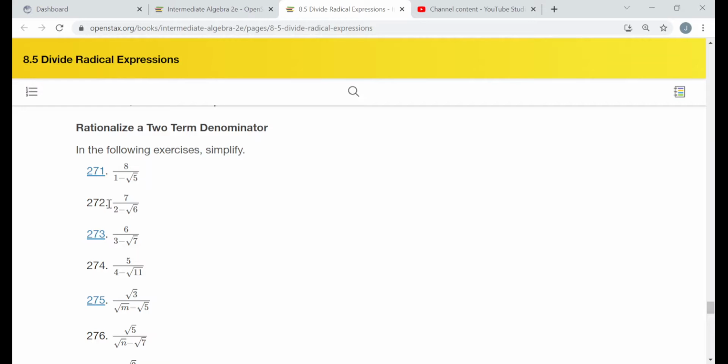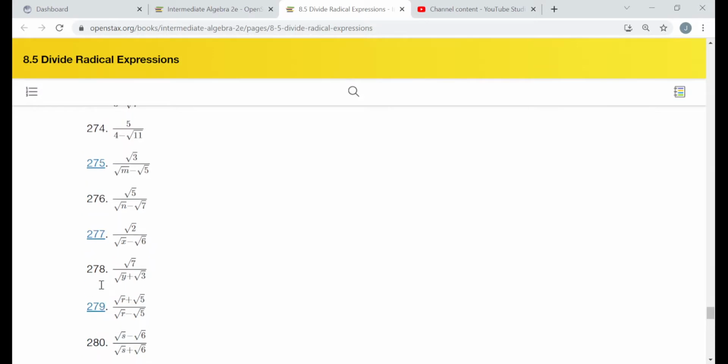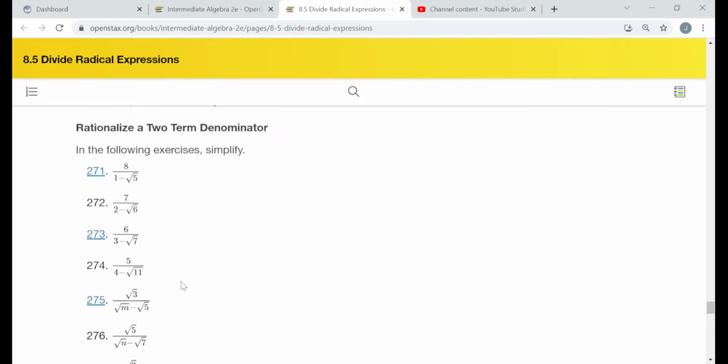I will also be putting timestamps for each exercise in the description of the video below. I'm going to call exercise 272 example 1, 274 will be example 2, example 3 will be 276, and so on. So if you want to see any particular problem, you can just jump to it by clicking on the timestamp.